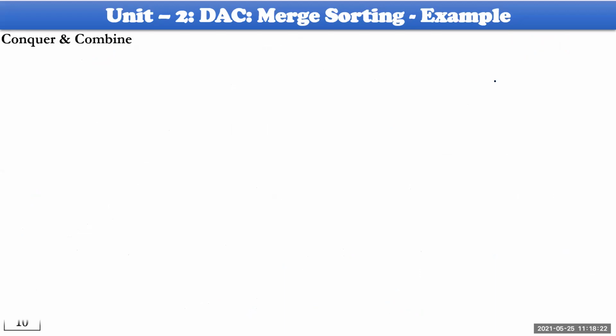Look at this. At the leaf level, these are the two elements, I mean list 1 and list 2. If you consider this particular list, only one element is there, already in sorted order. This is also in sorted order. While combining them, take the element of the first list and the element of the second list, compare them, and whichever is minimum can be taken into the first position and the other into the second position.